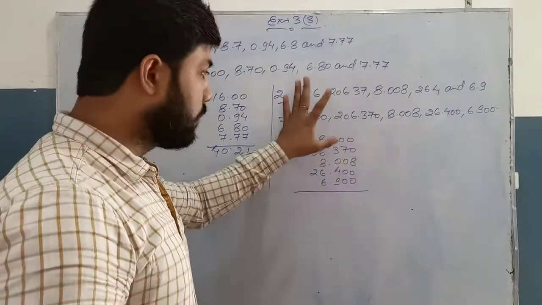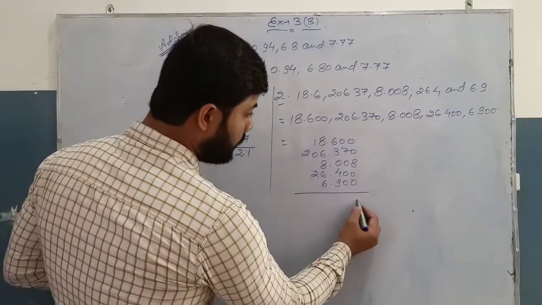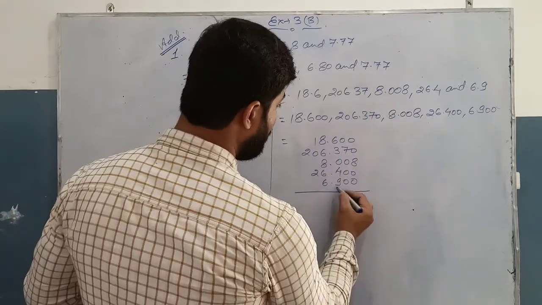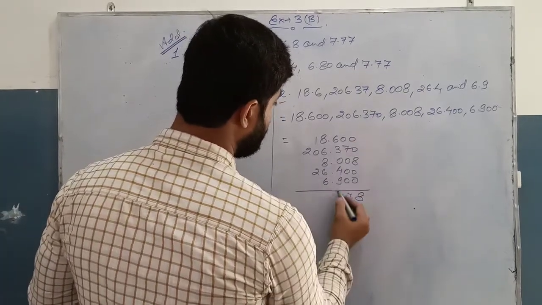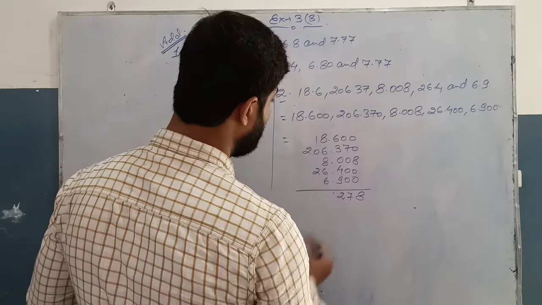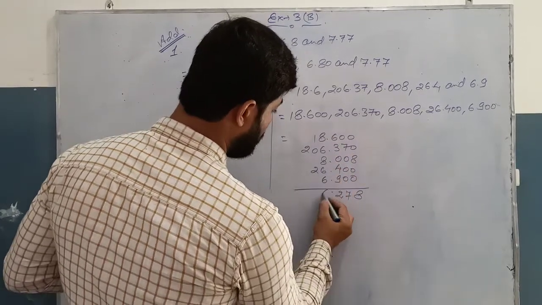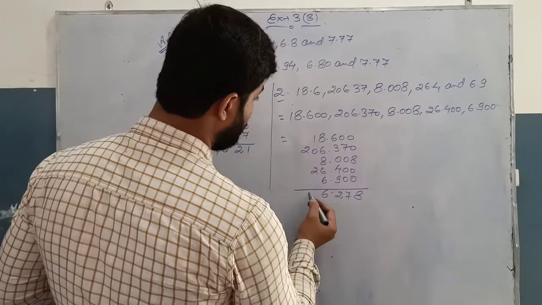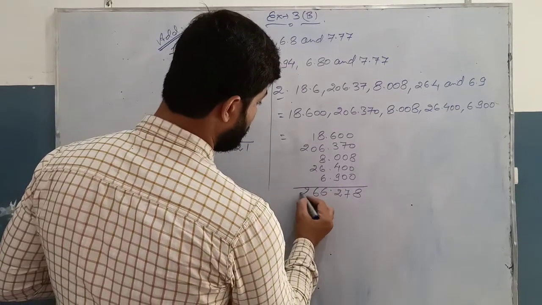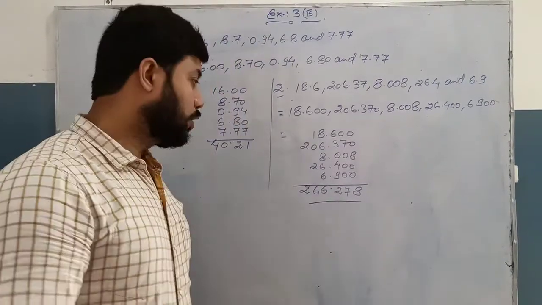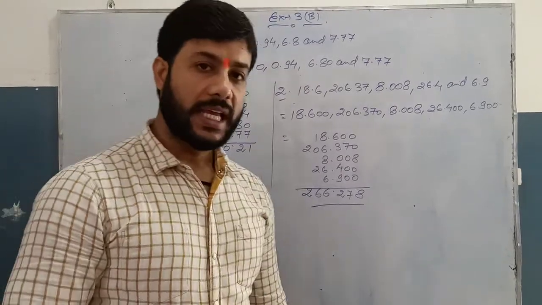All the 5 decimal numbers are written. Adding them, that is your result, 266.278.